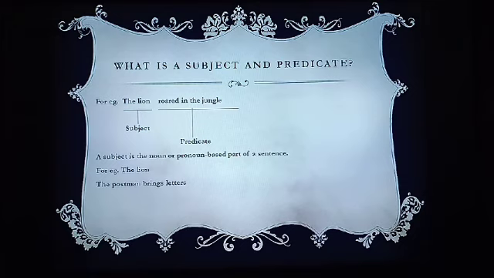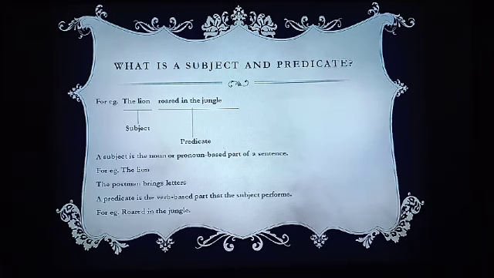On the other hand, a predicate is a verb-based part that the subject performs. In the above example, the subject, lion. What did the lion do? He roared. So, in the sentence, roared in the jungle is a predicate. Similarly, what does the postman do? He brings letters. So, in the sentence, brings letters is the predicate.